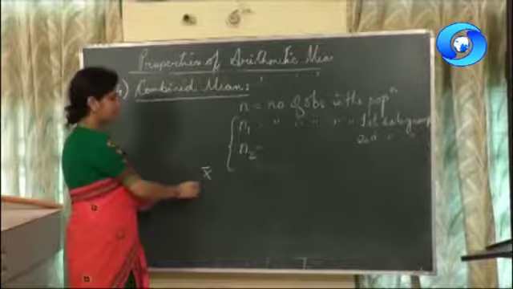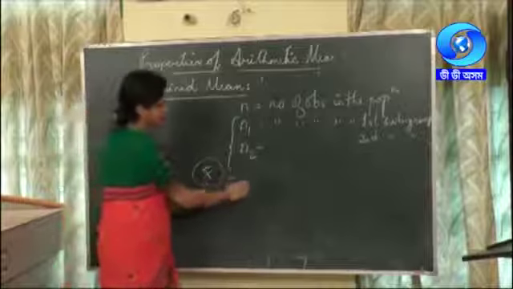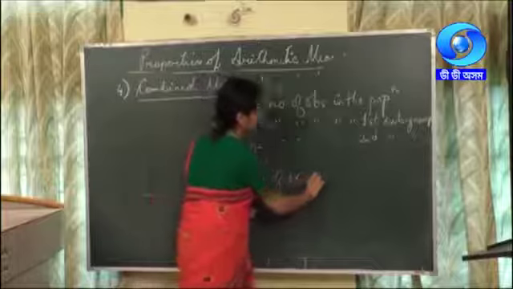That is, x bar is the arithmetic mean of the whole population.